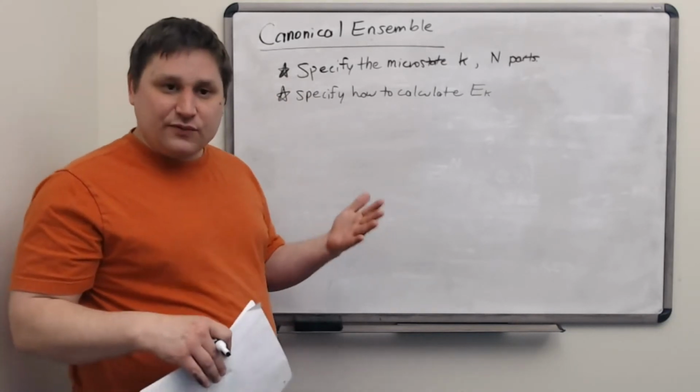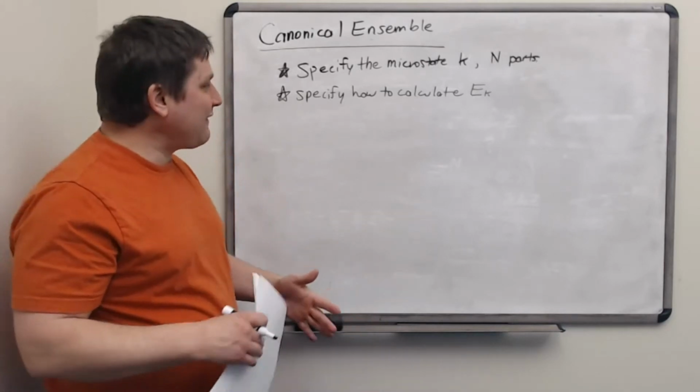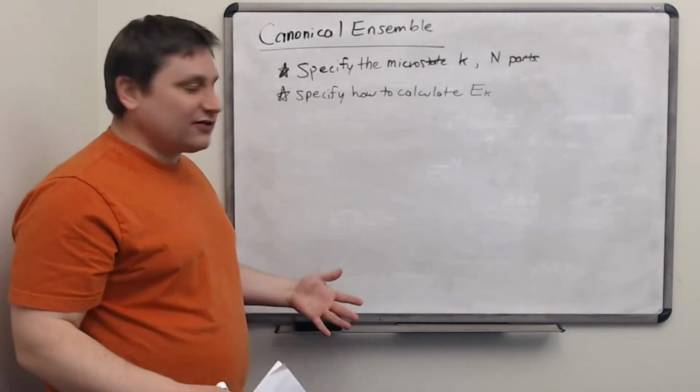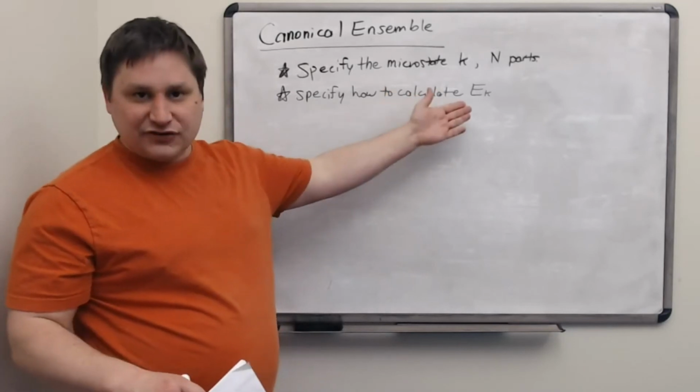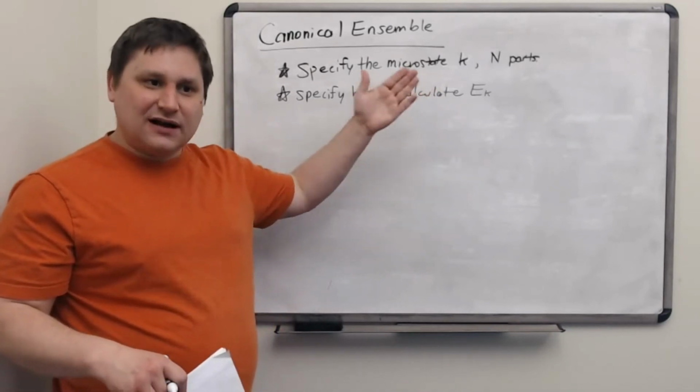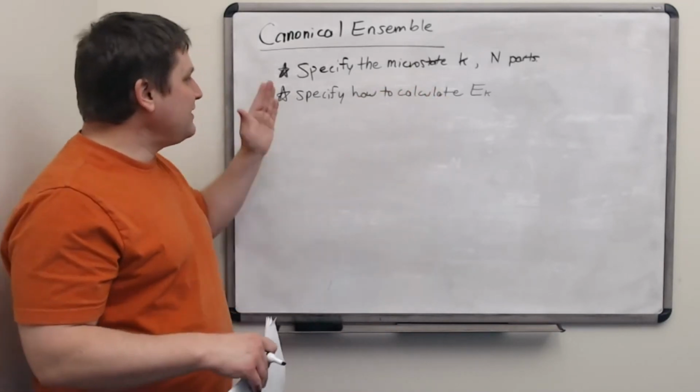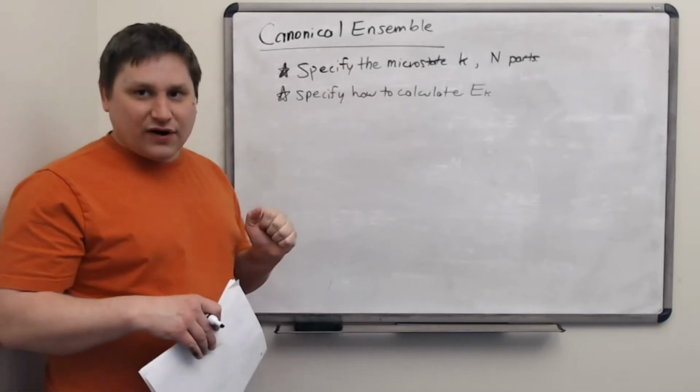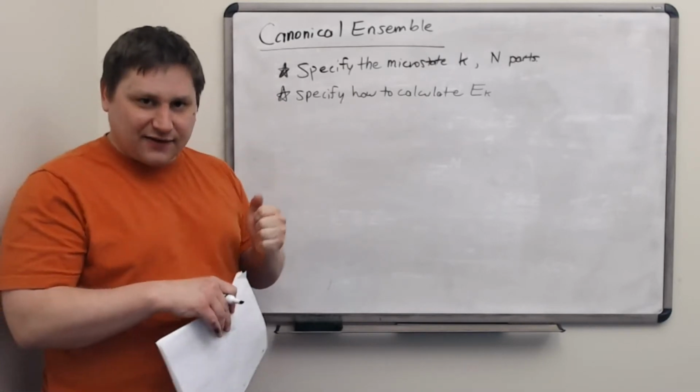And the direction we went back then was that we have to figure out how many microstates give us the same energy. And that was a difficult combinatorics problem. But now, we don't have to worry about fitting the states together at all.